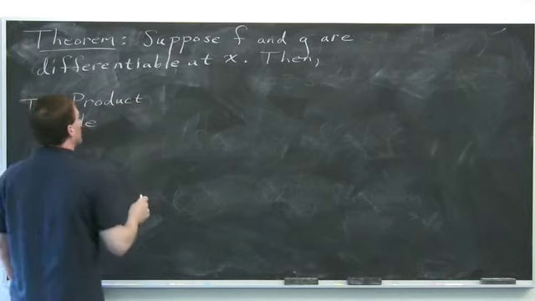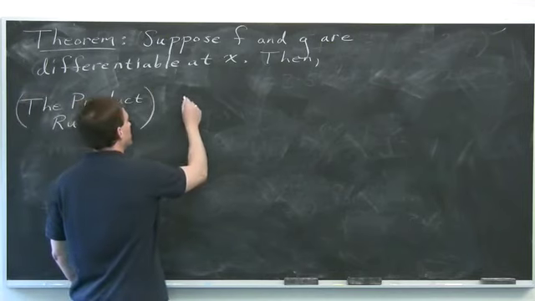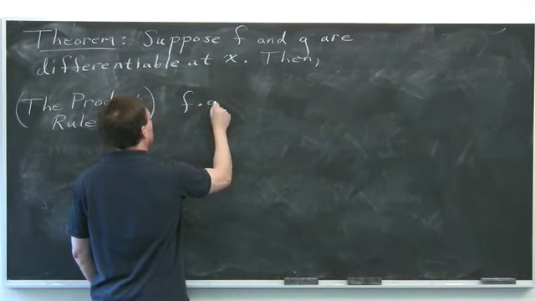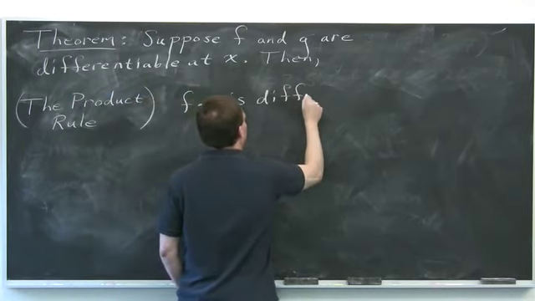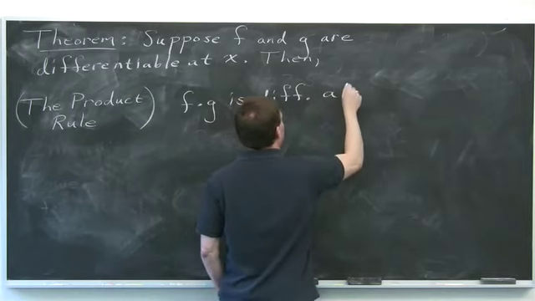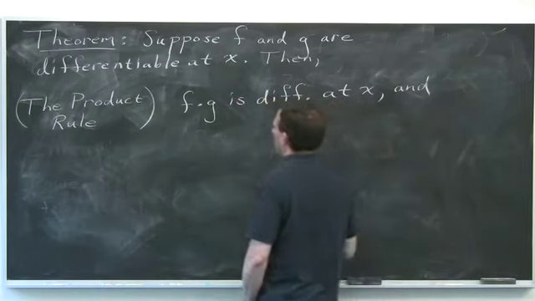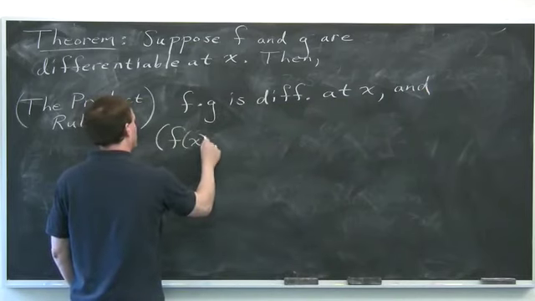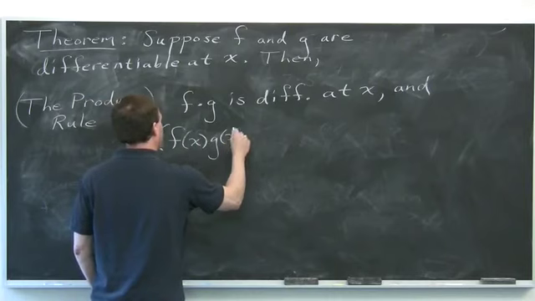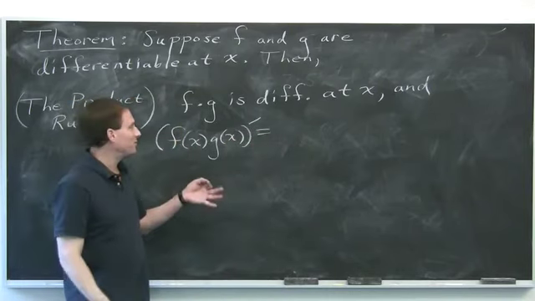And it says that f times g is differentiable at x. And the formula for the derivative, so what's the derivative of this? You can memorize this with the f's and g's in it.